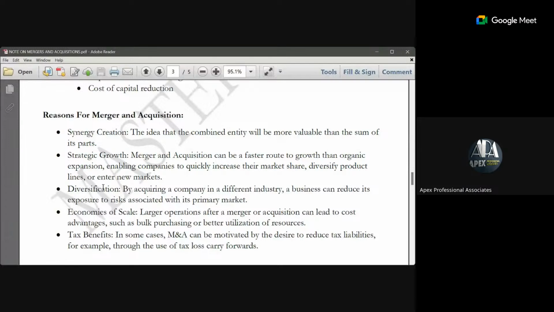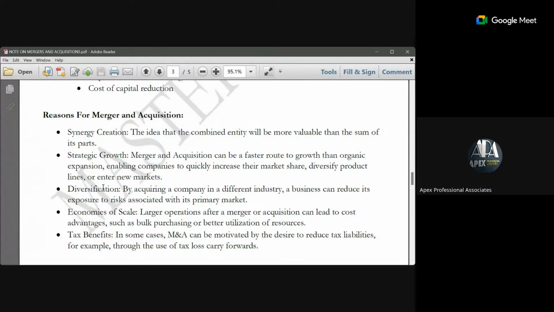Second, another reason why mergers and acquisition is considered is strategic growth. Mergers and acquisition can be a faster route to growth than organic expansion, enabling companies to quickly increase their market share, diversify their product line, or enter new markets.